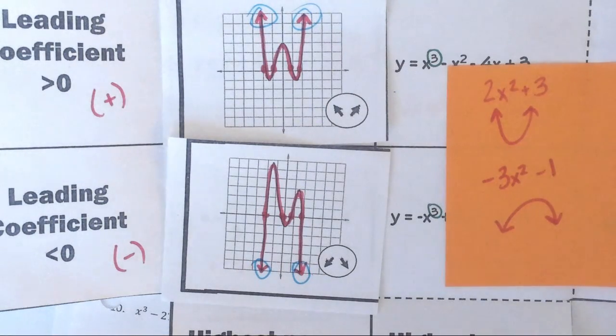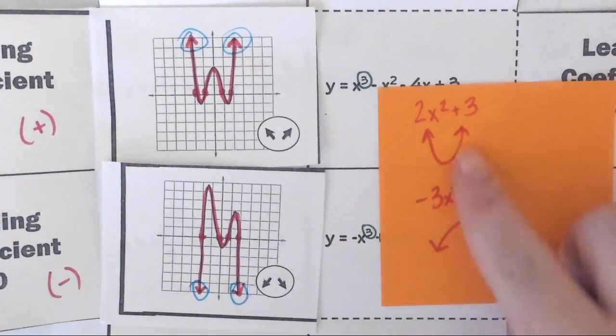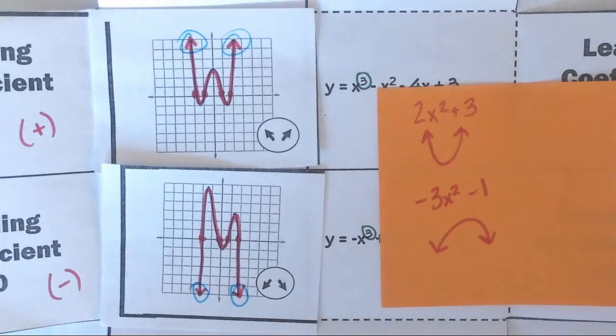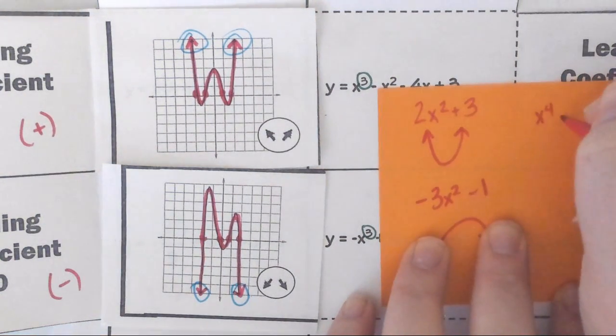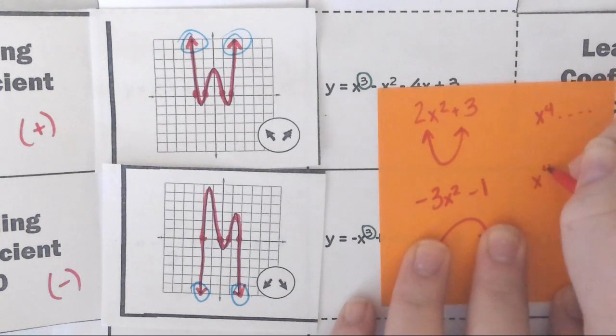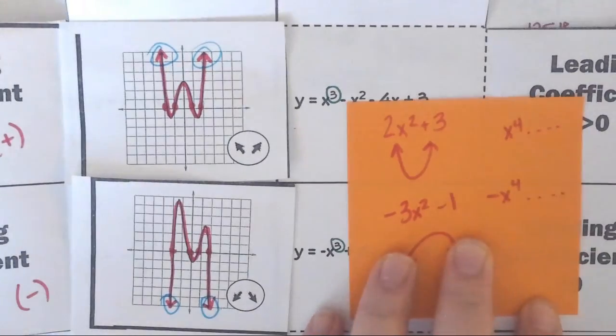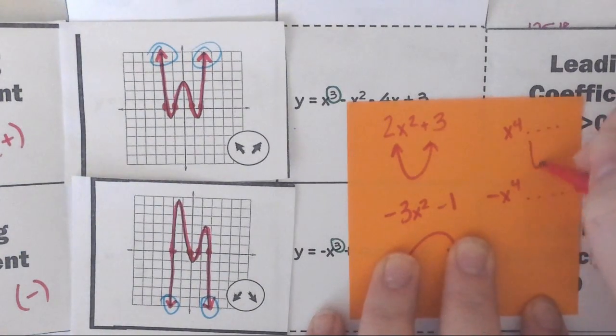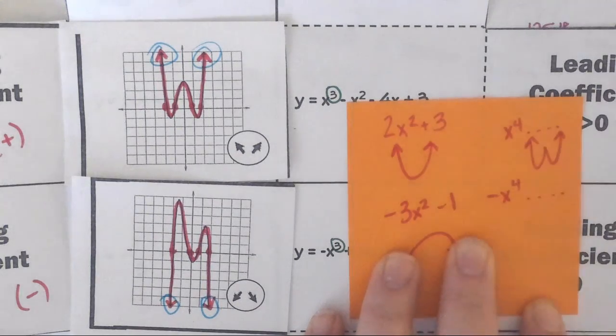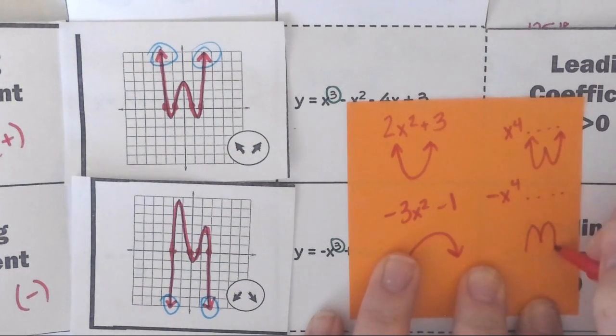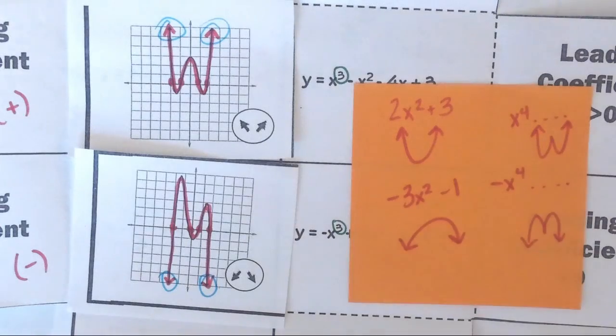Okay, so you know how you're just supposed to know that a parabola looks like a U, and we call it that, this kind of equation, you're supposed to know it's supposed to look like a U and an upside-down U? Sadly, you're supposed to know from now on that anything you see that's to the fourth, no matter what comes after it, if it's a positive one, it's going to look like a W. And if it's a negative one, it's going to look like an M. So from now on, if you see a W or an M, you're supposed to know that's degree 4.